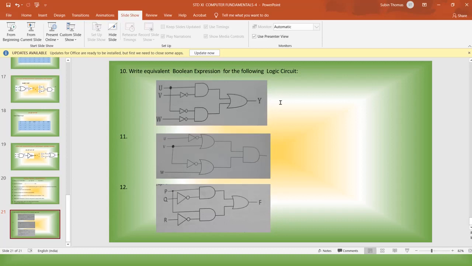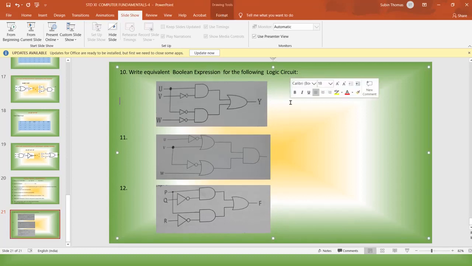You can write the final answer this way: Y equal to, this is U and this is V, so the output will be U V complement. That is the output coming from the AND gate.